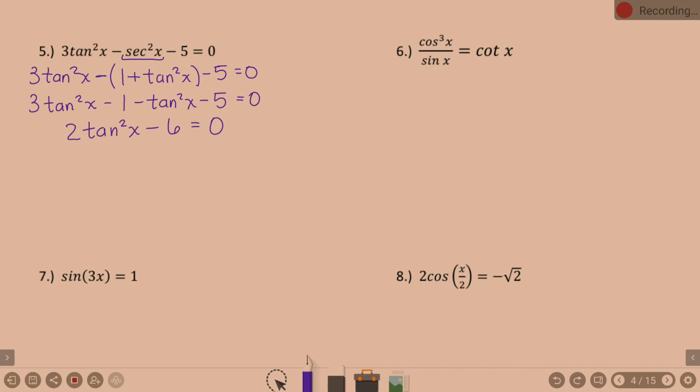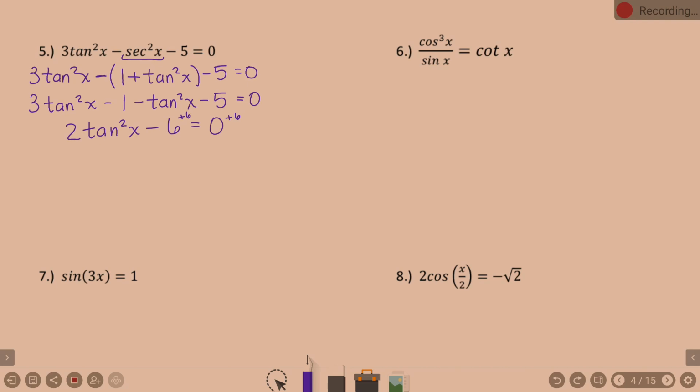Like our other problems, if you think of this as 2x squared minus 6, you'd be working to get the x squared by itself, right? This is 2 tan squared minus 6, so we're going to be working to get the tan squared by itself. So how are we going to do that? Add 6, divided by 2.